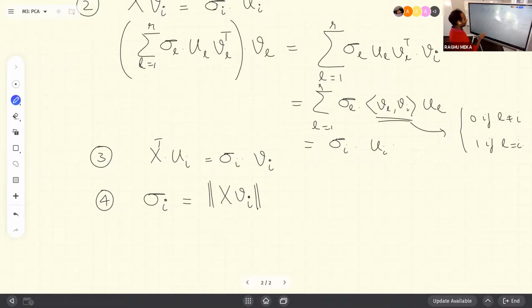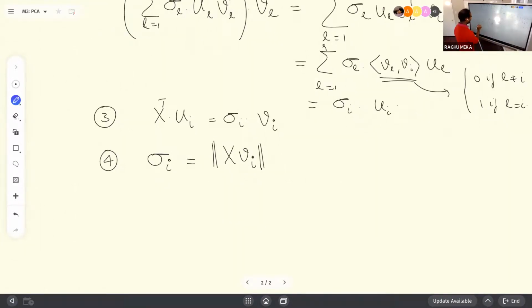So when I take the norm, I just get this. So in particular, this implies that ui is x times vi divided by the norm of x times vi.